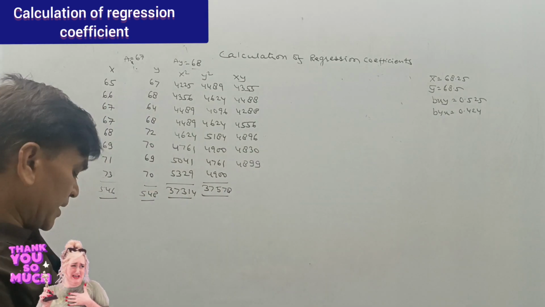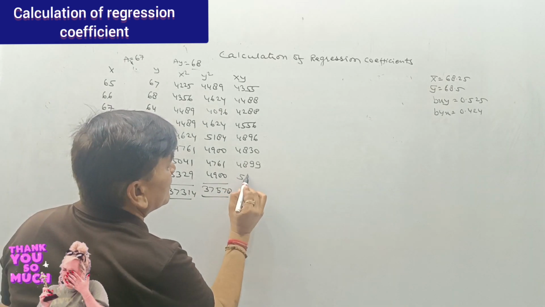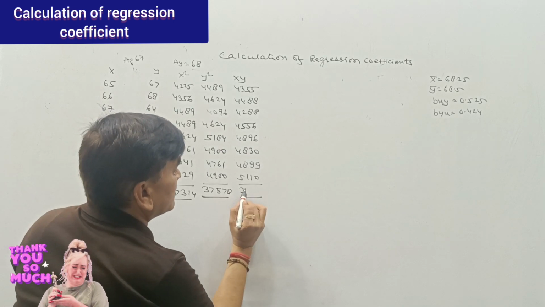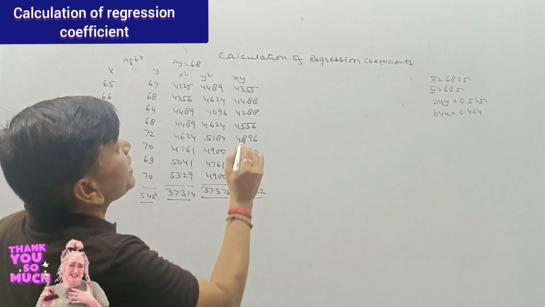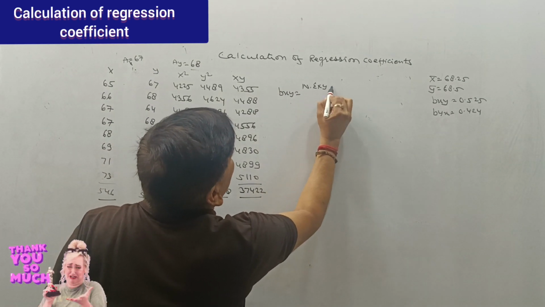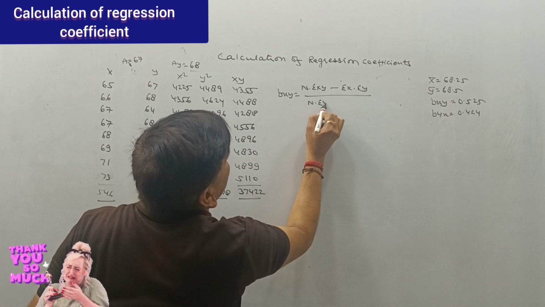And the last one, 73 multiplied by 70, that is 5110. So the addition of this is 37422.